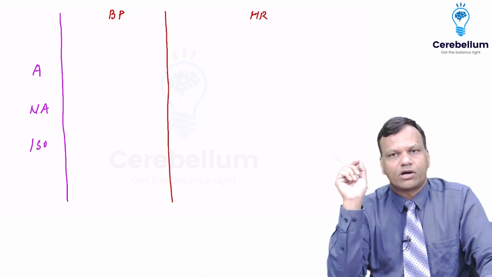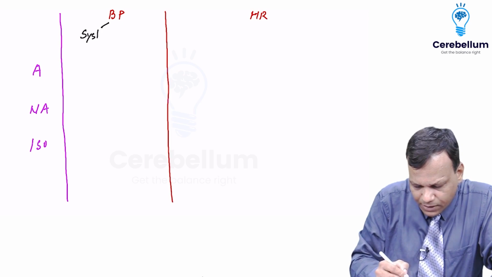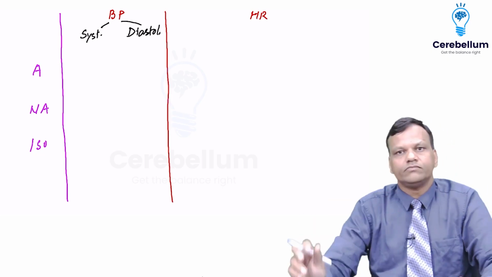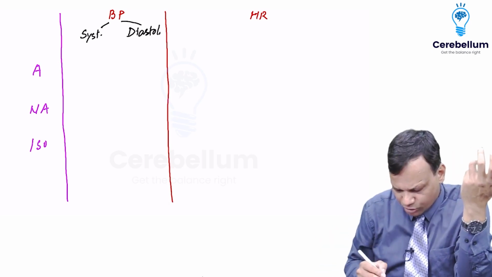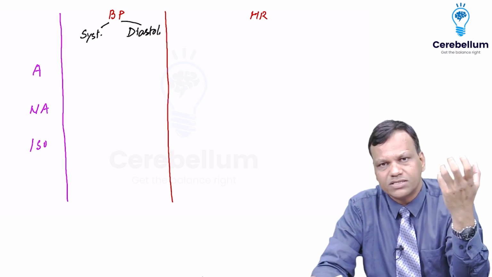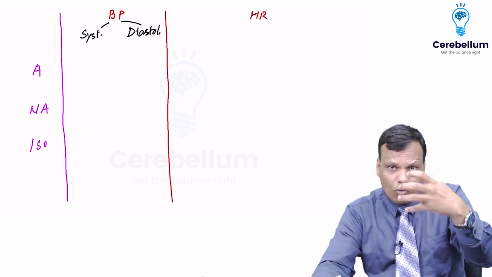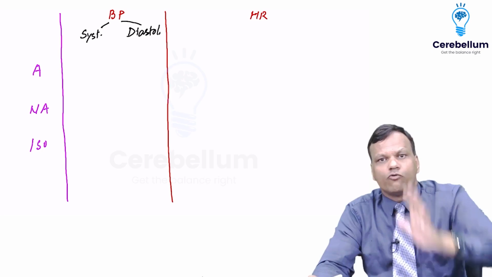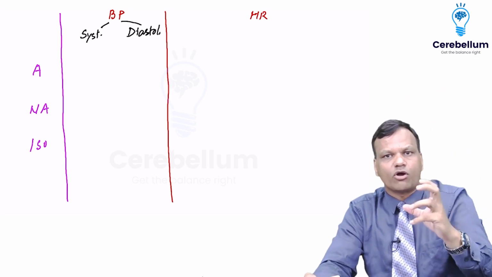Now, one thing which is important to remember, blood pressure is of two types, systolic BP and diastolic BP. Now, first of all, what do you mean by systolic blood pressure? What do you mean by systole? Systole means contraction of the heart. So if the heart contracts more powerfully, the ventricle contracts, so blood will be forced out. So it will come with more pressure.